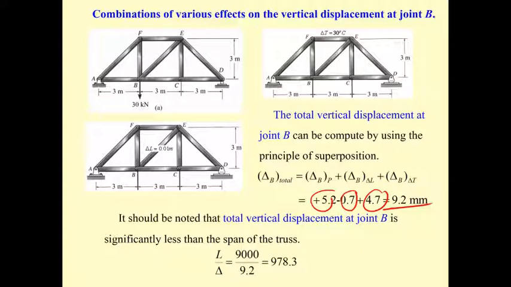And if you find the ratio of the span per deflection, it's going to be 978.3. That is going to be larger than the allowable, which usually is 360.